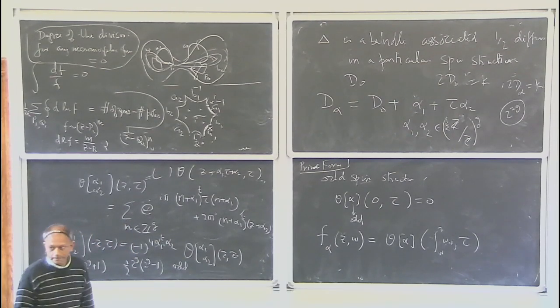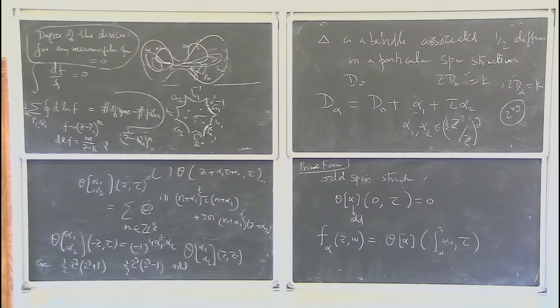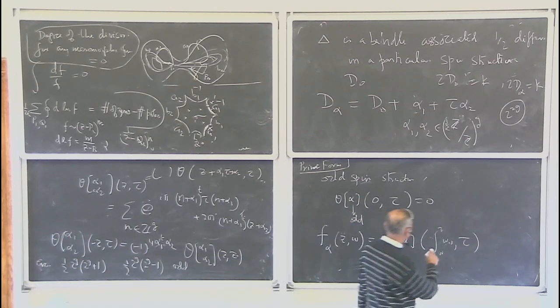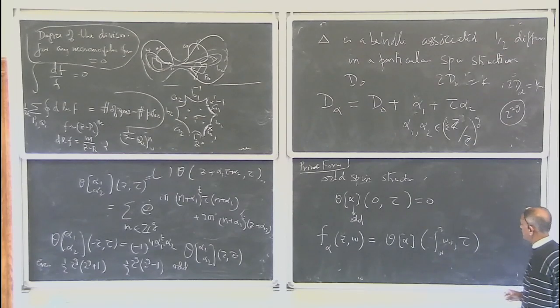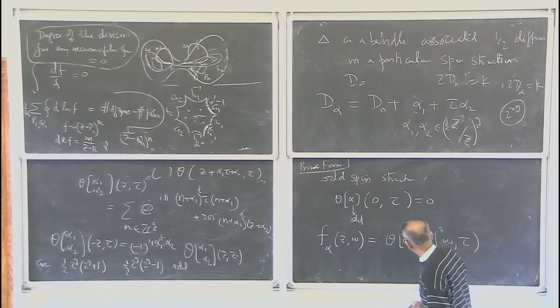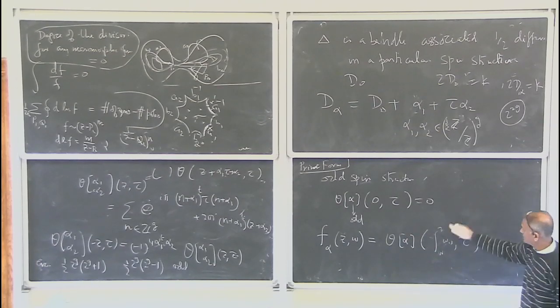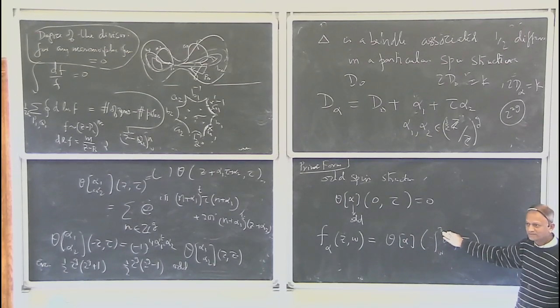So that object is vanishing linearly in Z minus W. Yes, exactly. So think about that. As a function of Z, how many zeros are there? By Riemann, there should be G zeros, right?